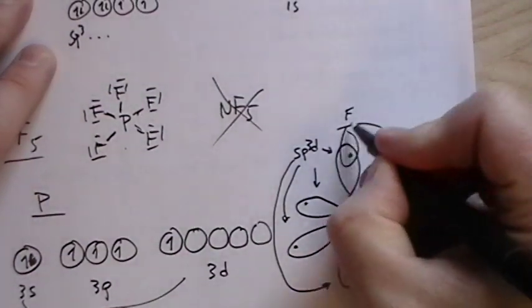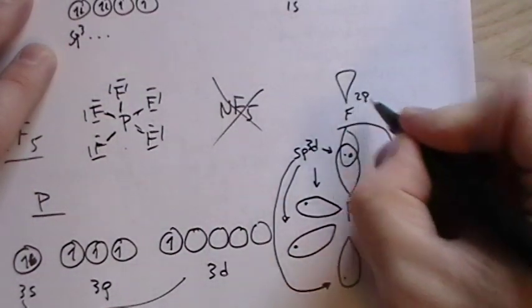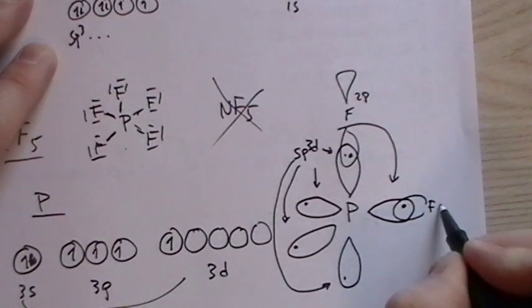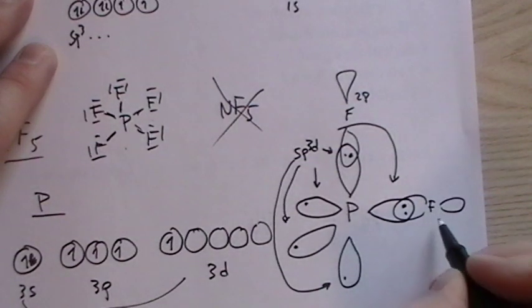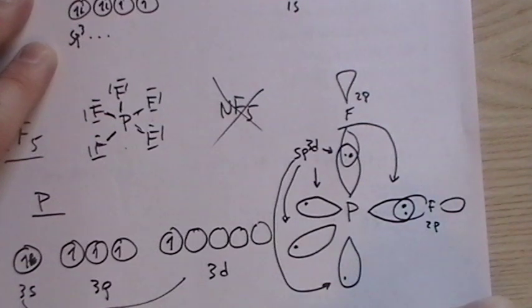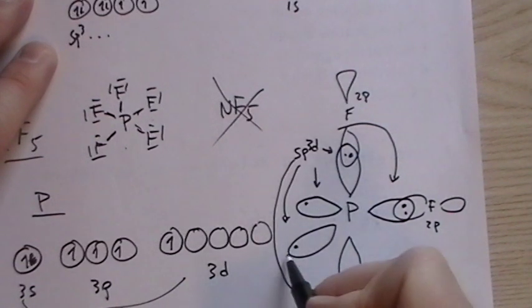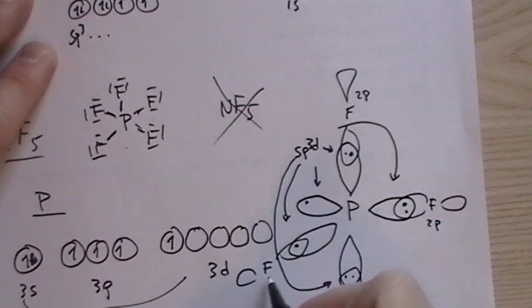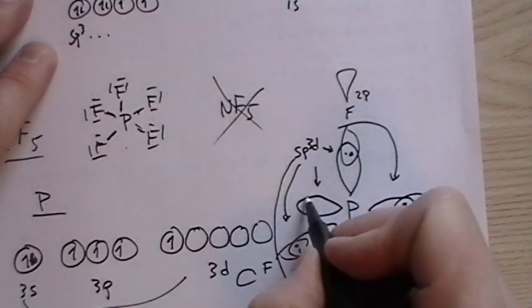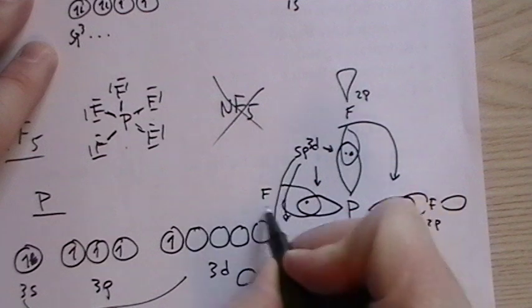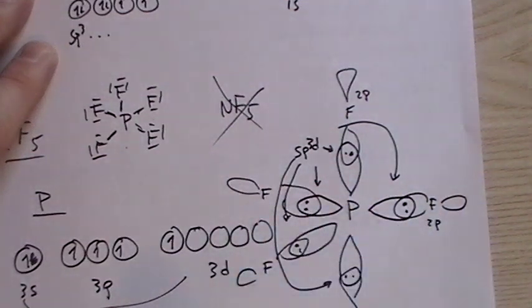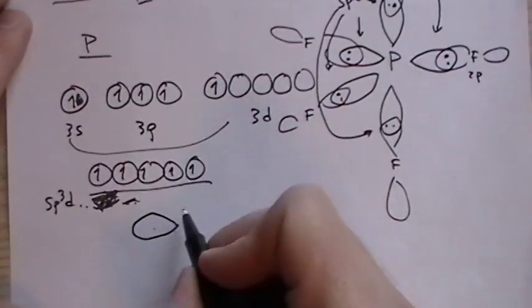And then the fluorine comes in with its 2p. That dumbbell-shaped one, so it's not coming in with 2 orbitals, it's coming in with one that has 2 lobes to it. The sp3d also have 2 lobes. Remember, the second lobe is very small, and if we were to draw it, as cluttered as this looks, the sp3d, we're drawing them like this, but they really have a lobe on the end.